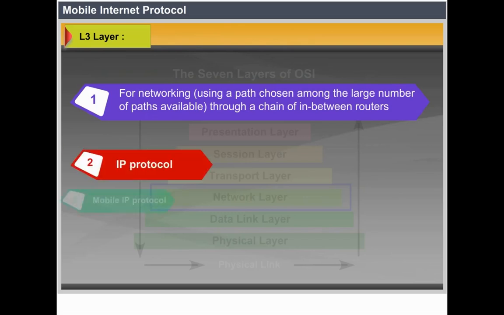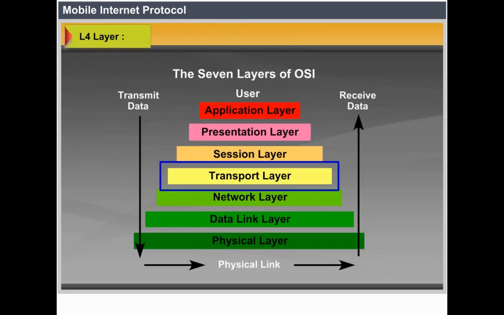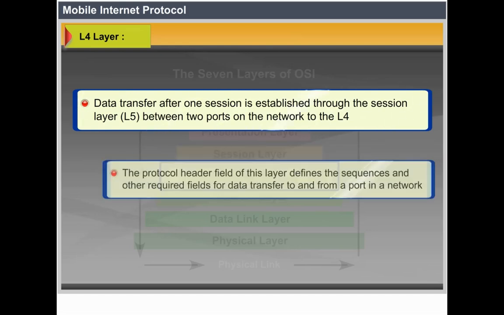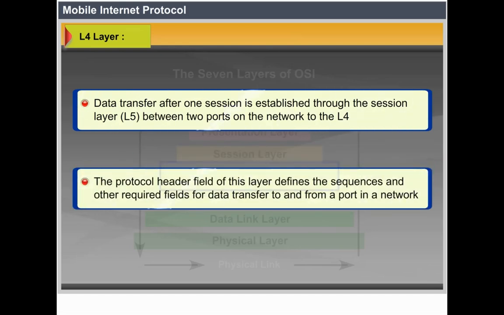IP protocol, Mobile IP protocol. L4 layer: data transfer after a session is established through the session layer L5 between two ports on the networks to the L4. The protocol header fields of this layer define the sequences and other required fields for data transfer to and from a port in a network.